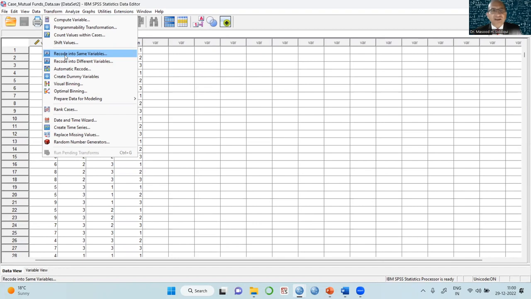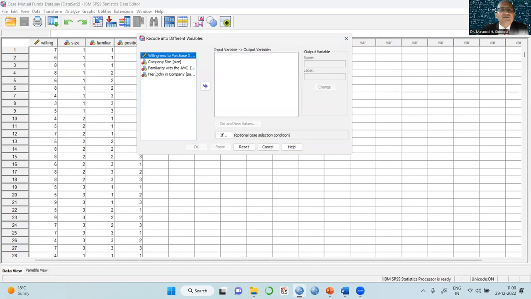So this is never recommended. So we will use Recode into Different Variables. That means the original variable, willing, would remain the same, and we will be introducing a new variable with the name willing cat, right? So that there won't be any impact on the original variable.